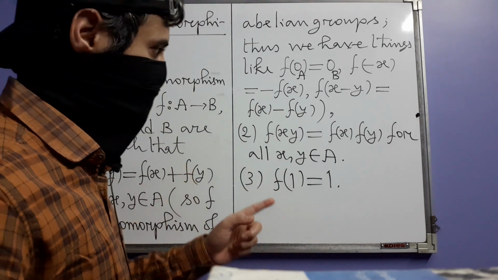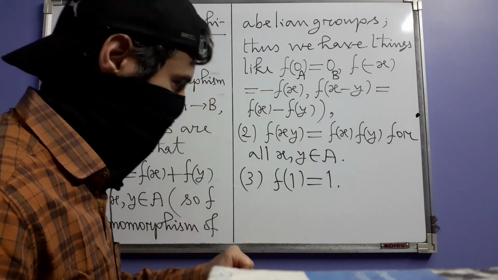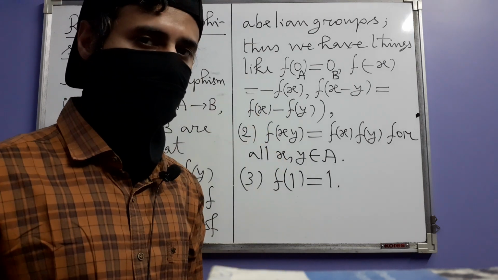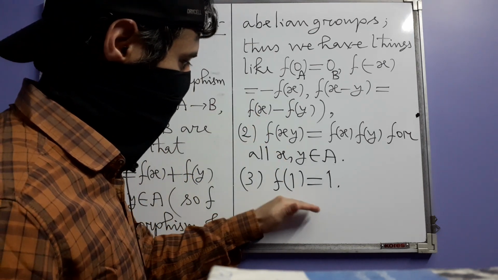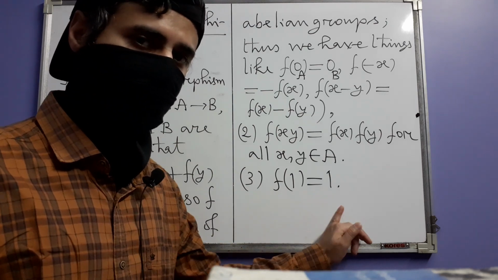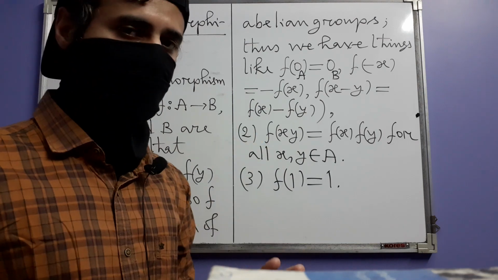And that is why ring homomorphism for Atiyah and for Herstein are actually two different things. Atiyah's ring homomorphisms are more special in this sense that they also have to satisfy this third condition. So keep this in mind.